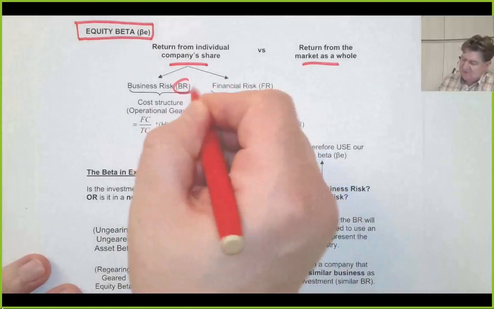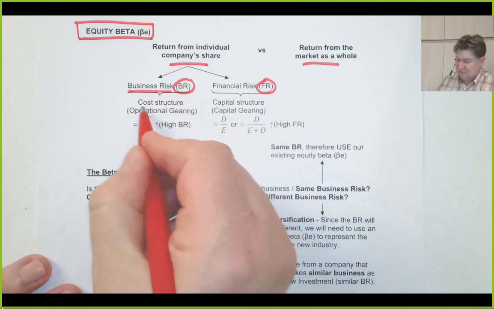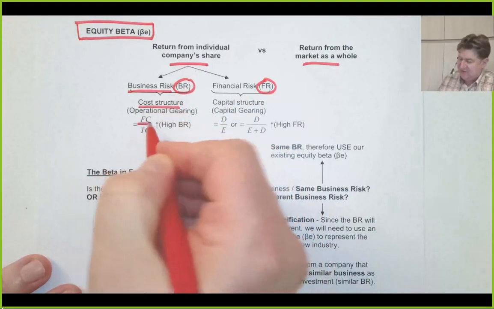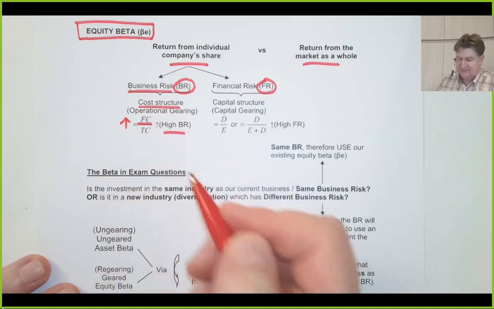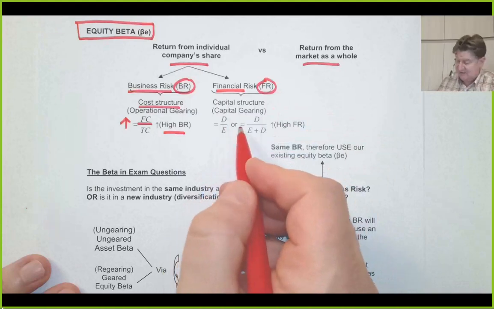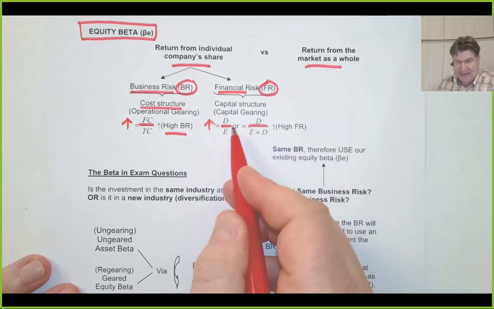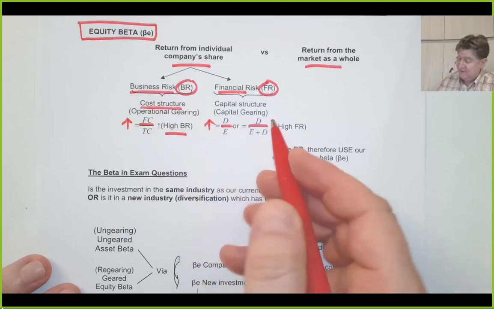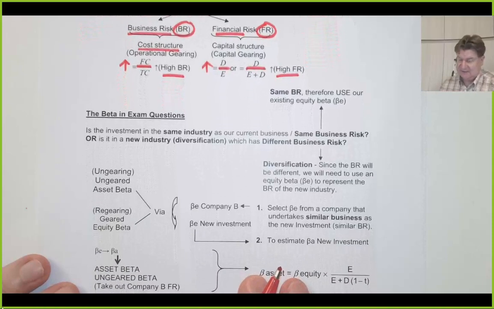We said 2 types of risk. There's the business risk. We talked about an airline, and we said airlines have a big amount of fixed costs. The higher the amount of fixed costs, the higher the business risk. And the financial risk is to do with the debt to equity ratio. If you've got a greater amount of debt to equity, whether a ratio or a proportion, it means you've got higher financial risk. That's what our beta represents.